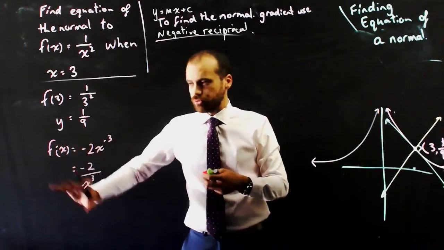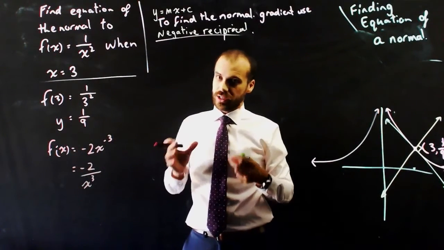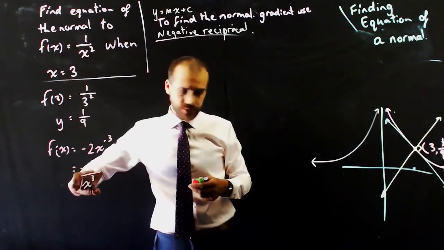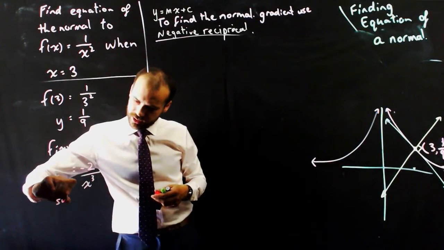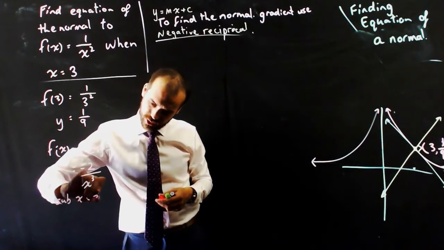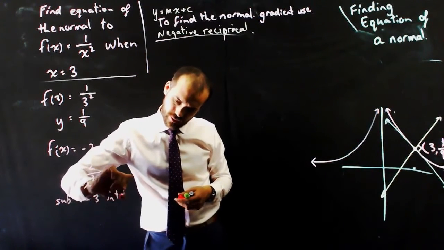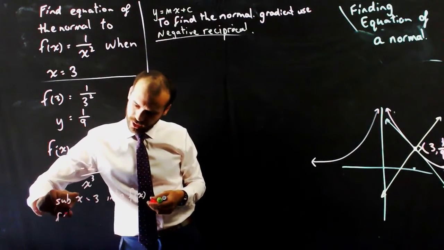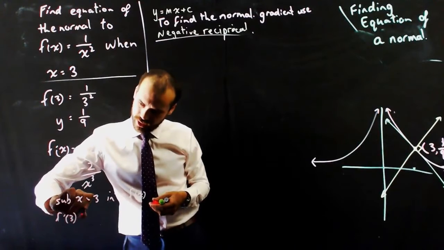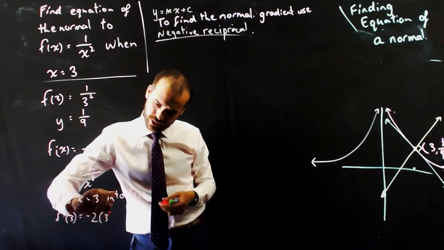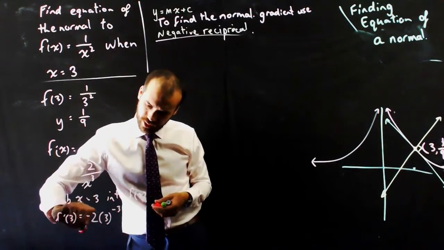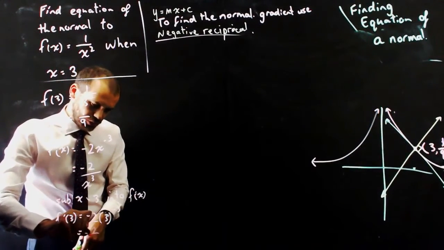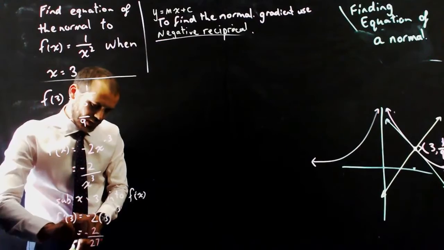Now that I've got my derivative function, I can find out what my derivative is at x equals 3. Sub x equals 3 into f dash x. So f dash 3 equals negative 2 times 3 to the negative 3. It's going to be negative 2 on 27.